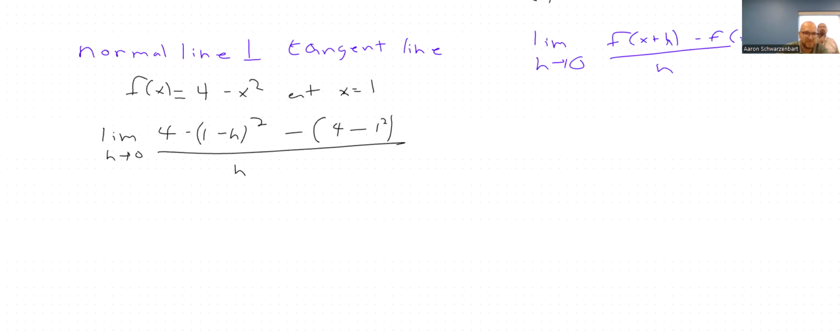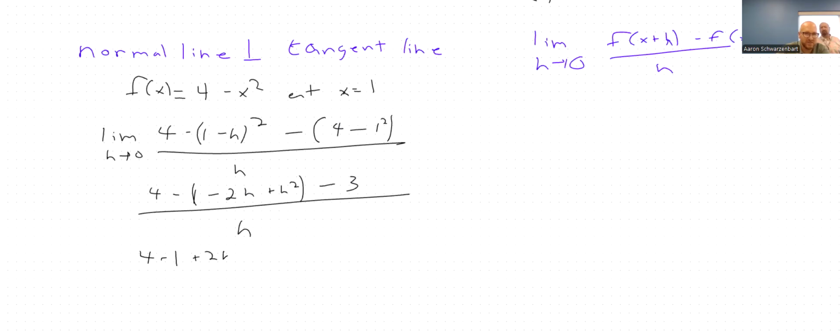This gives me 4 minus 1 minus 2h plus h squared minus 3. Now I'll distribute my minus: 4 minus 1 plus 2h minus h squared minus 3. 4 minus 1 minus 3 is 0.